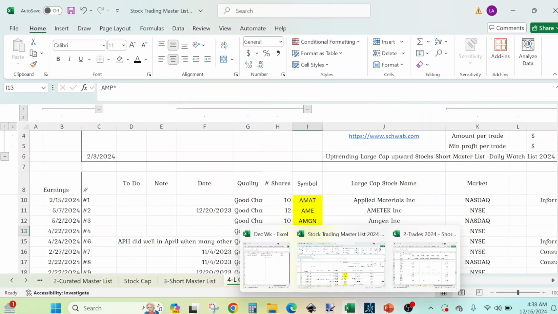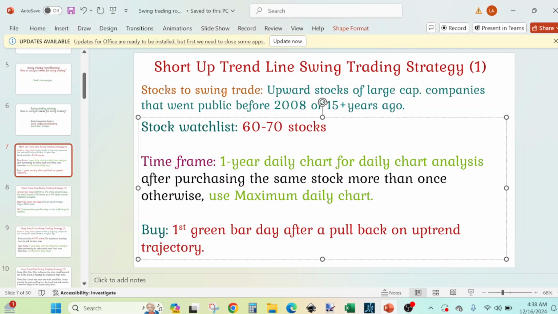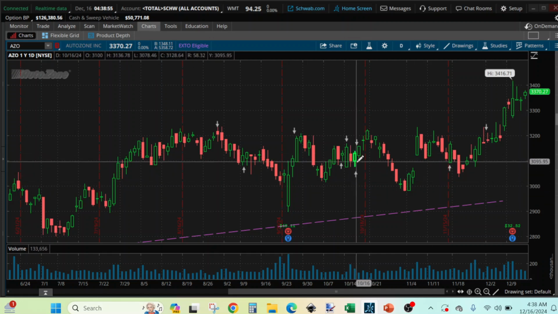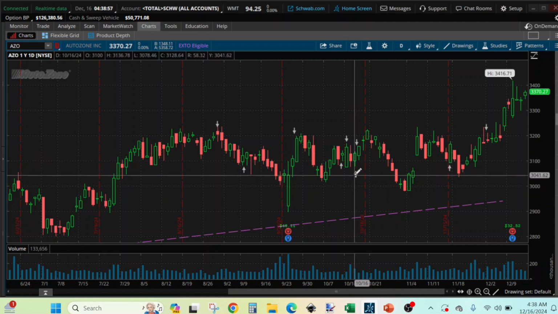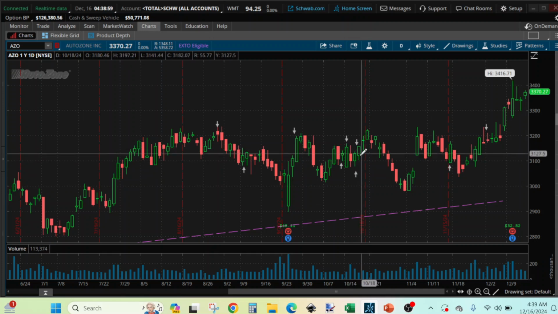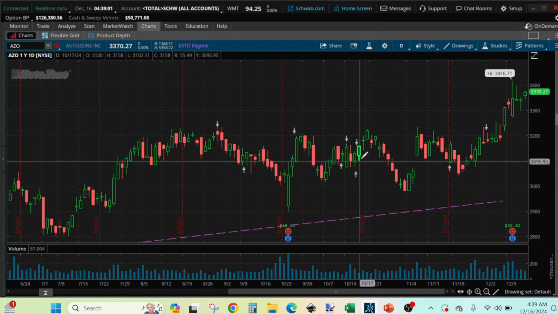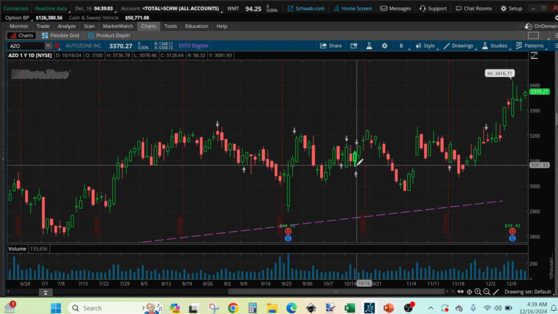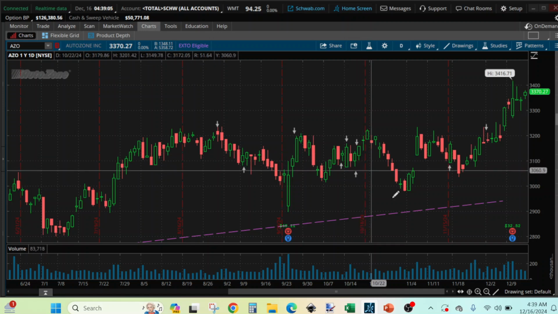But yeah, we will buy at the first green bar after a pullback, and you can see where we enter, and we will sell it when we have 3 days of green bars, or when our minimum profit is reached.